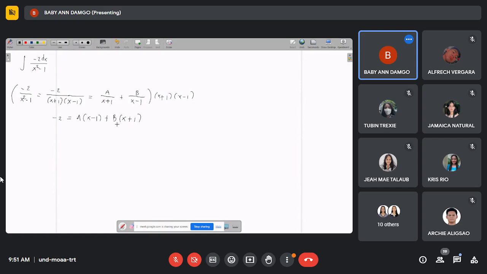So negative 2 is equal to negative 2a, and the b term is 0. So our a here is equal to 1. This implies that a is 1 and b is negative 1. So this is the first solution.